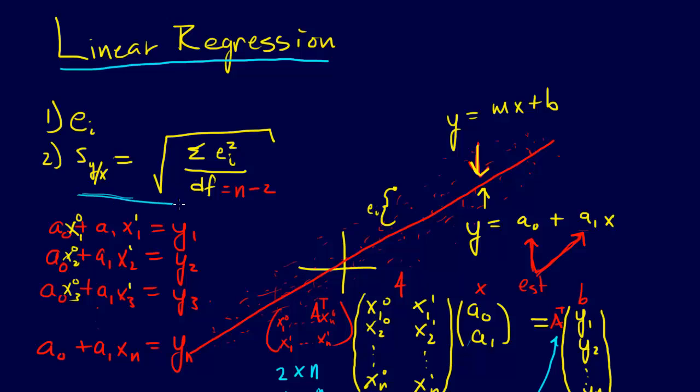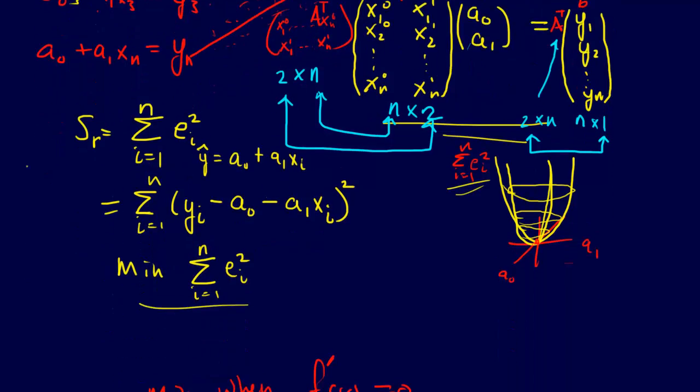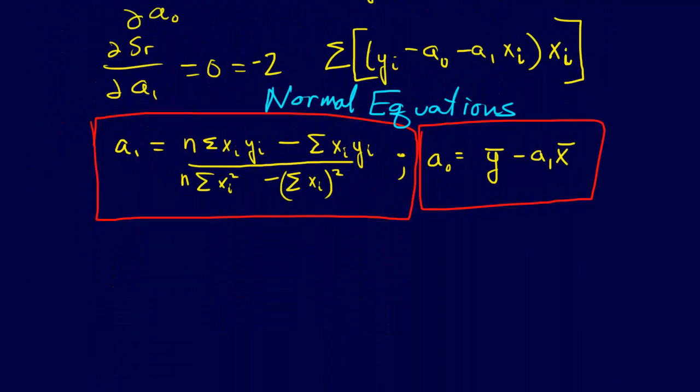I've shown you already how to compute this S_y/x here, but that's probably not the most common thing that you've seen. The most common thing that you've probably seen is this variable called r squared. So before we finish, we ought to describe how we come up with r squared.